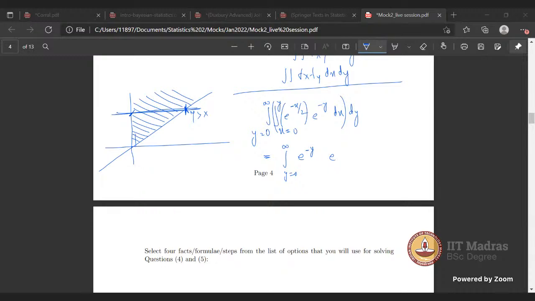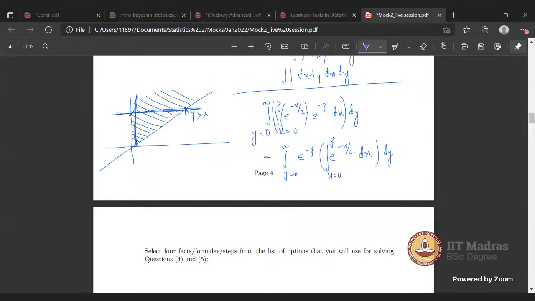Okay, there they have first integrated with respect to y. That is what I'm saying. I am first integrating with respect to x. So this is e to the power minus x by 2, dx dy, and x is varying from 0 to y, and y is varying from 0 to infinity.